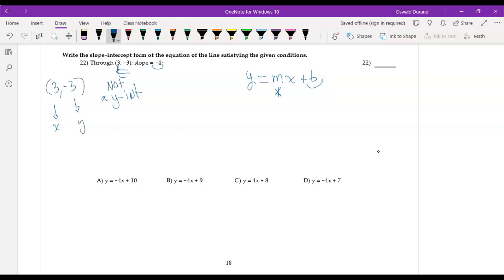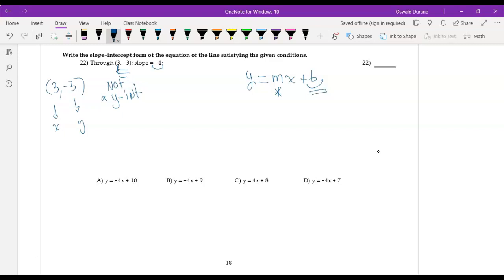Yes. So because we know what x is, we know the slope, and we know what y is, everything is given to us. So therefore, I can plug in those values for x, y, and m, which is the slope, and then I can solve for b. So that would be the quickest way for this one.